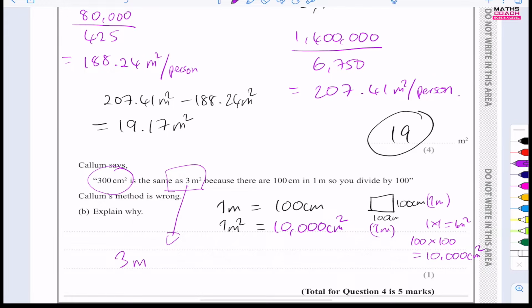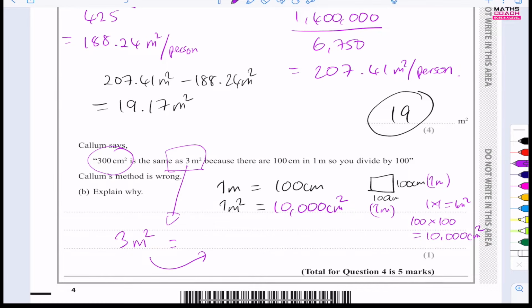If you want 3 meters squared, it's not going to be 300 centimeters. No, you need to multiply this by 10,000. Okay, so that will give you 30,000 centimeters squared. So 3 meters squared is equal to 30,000 centimeters squared, not 300 centimeters squared.